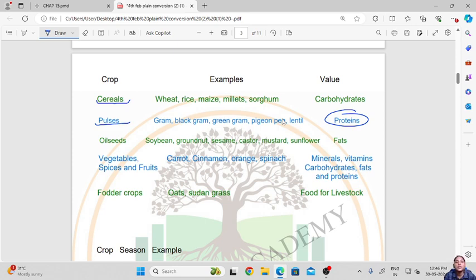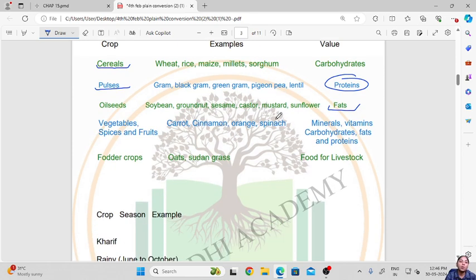For example, soyabean, groundnut, sesame seeds, then castor, we get castor oil, mustard oil, then sunflower oil. All these are oil seeds which are used to extract the oils, and they have the fats, they provide us with the fats or the oils.